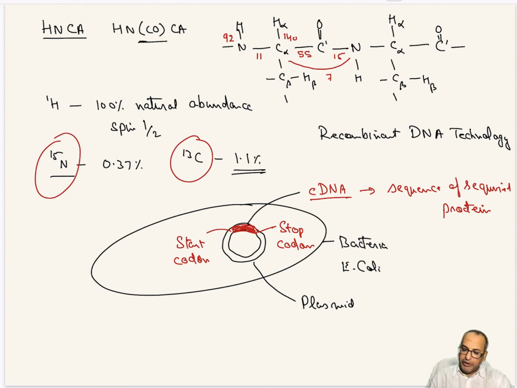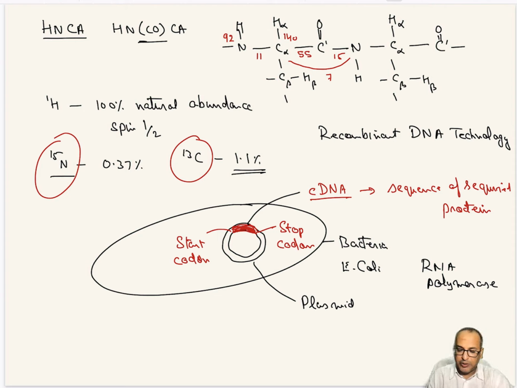So we insert this engineered plasmid into the bacterial cell, so that it will express protein of a given sequence which is required by us. Bacteria has its own RNA polymerase, so it has the capability to sit on this DNA.